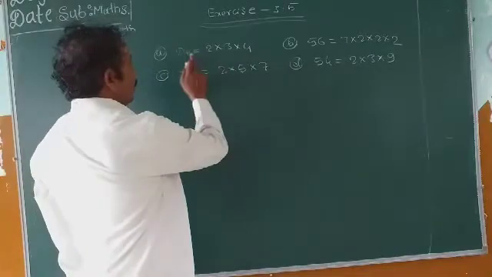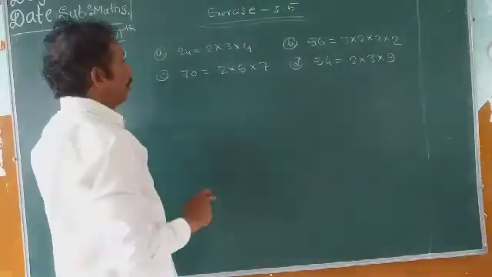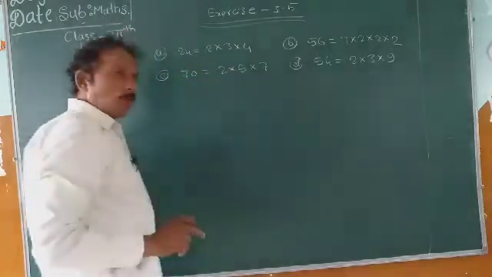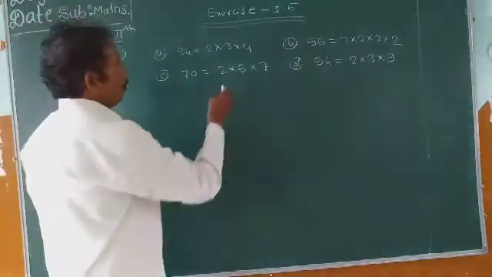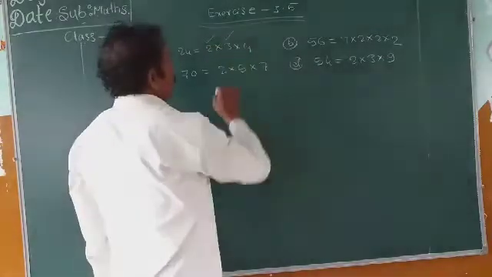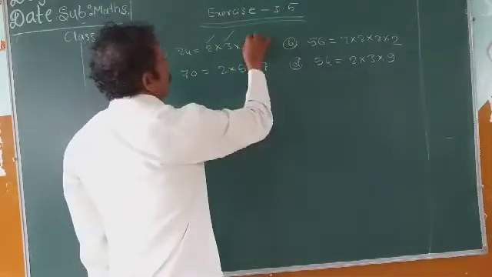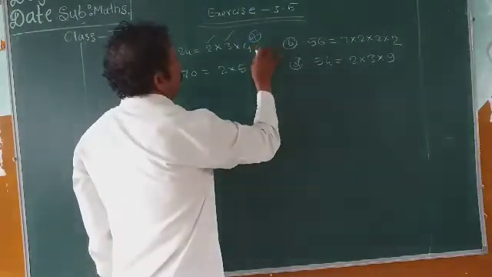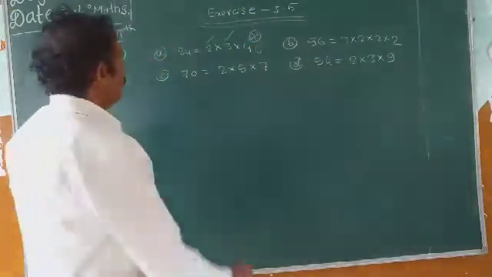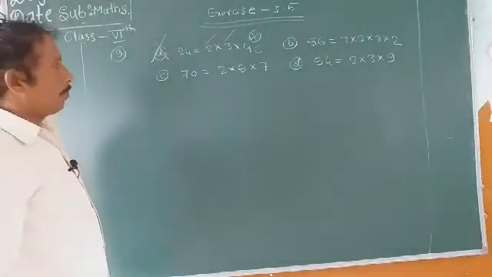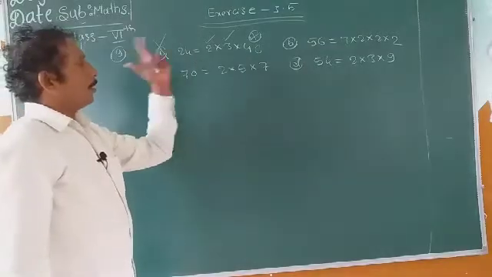These are the factors of 24. Now, 2 into 3 into 4 is 24, no doubt, but here the factor 2 is prime, 3 is prime, but 4 is not prime. This is a composite number. So, this is not the prime factorization.